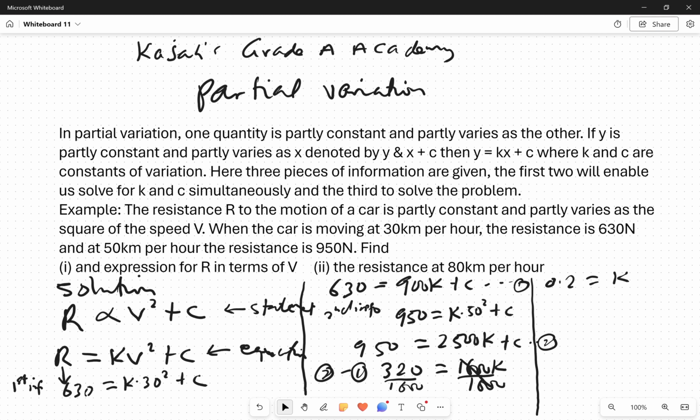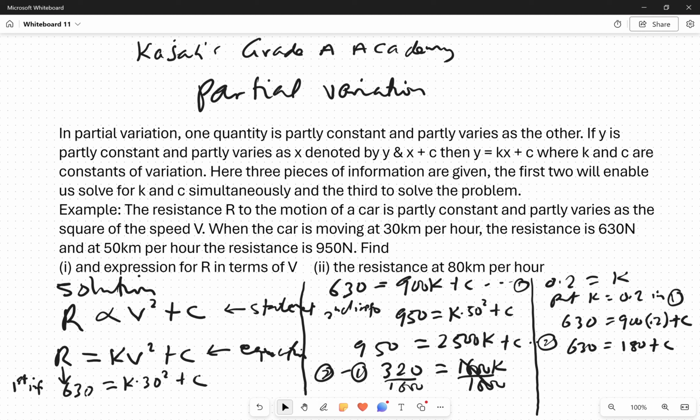If I know the value of k, I substitute it in equation 1. Put k equal to 0.2 in equation 1. Therefore, we get 630 is equal to 900 times 0.2, plus c. So 630 is equal to 180 plus c.